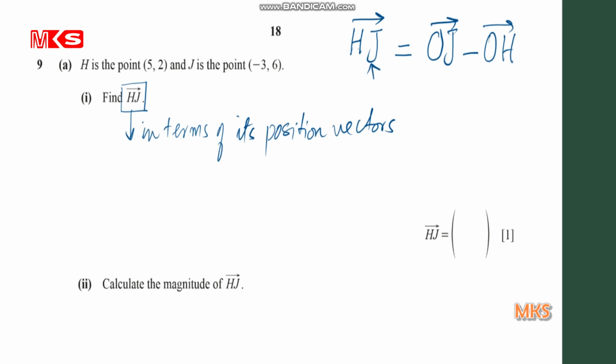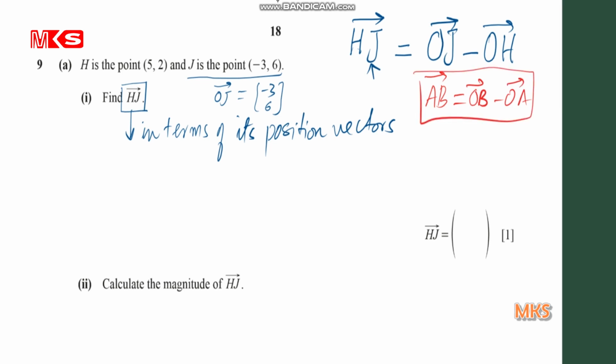The position vector of J will be written as OJ, and we will write the coordinates as a column vector. Whenever we have to express a vector in terms of its position vectors, it is O with the last point minus O with the starting point. So vector AB expressed in terms of its position vectors is OB minus OA.